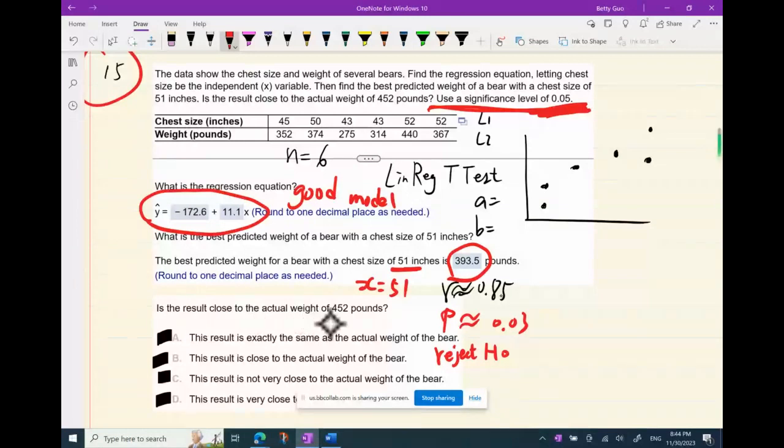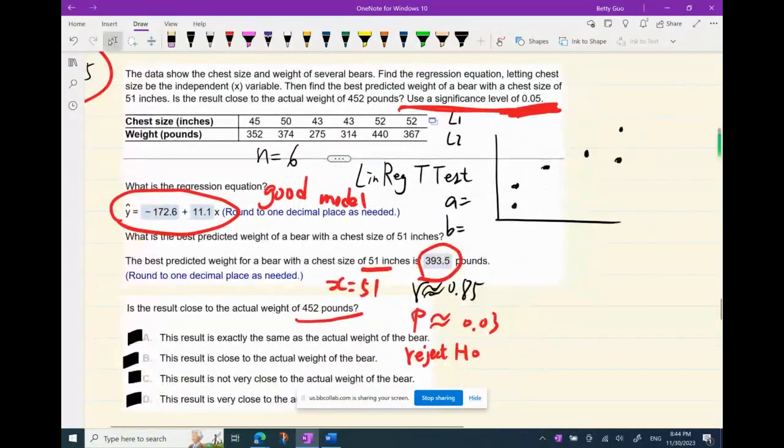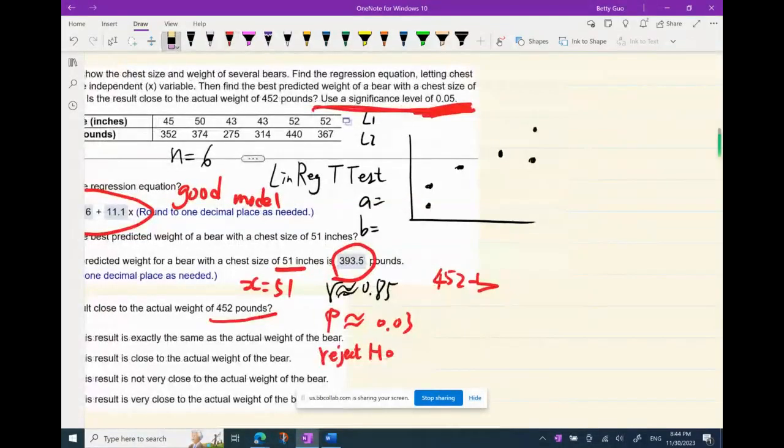Is the result close to the actual weight? How do we know? How do we evaluate close or not close? This is what I do. I use the actual value minus the predicted value, and then divided by the actual value.